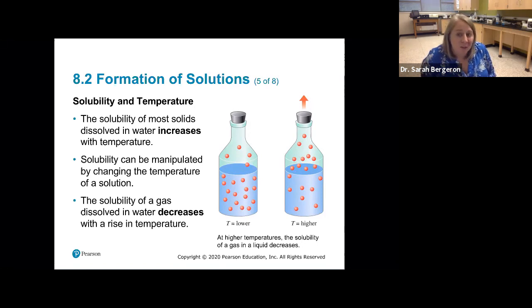Now gases are a little bit different. When you increase the temperature of something, that makes those molecules move faster. So a greater percentage of molecules are going to escape the liquid form and turn into the gaseous form. When you increase the temperature of a gas that's dissolved in water, it's actually going to decrease the solubility.